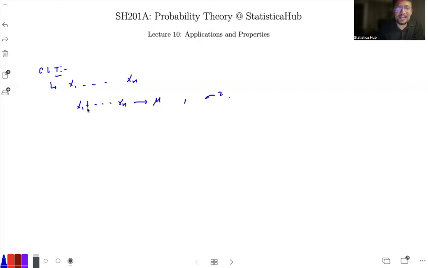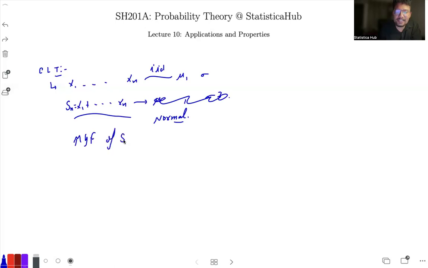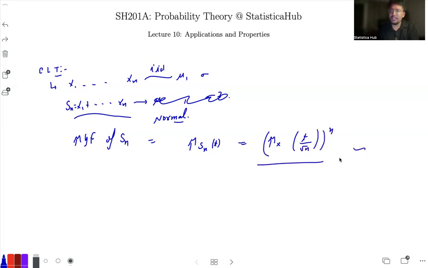Let's say these are IID with mean mu and standard deviation sigma. If we have to prove that this summation Sn follows a normal distribution for a large value of n, then we can make use of the MGF. The MGF of this Sn, M_Sn(t), will be simply M_X(t over root n) raised to the power n. So we can make use of this property to prove the central limit theorem.